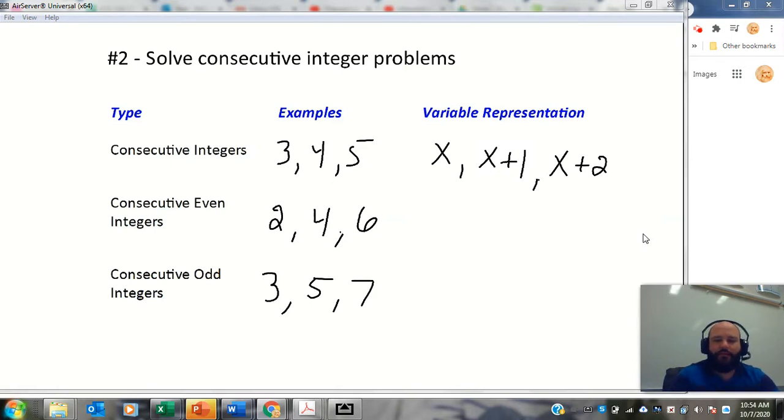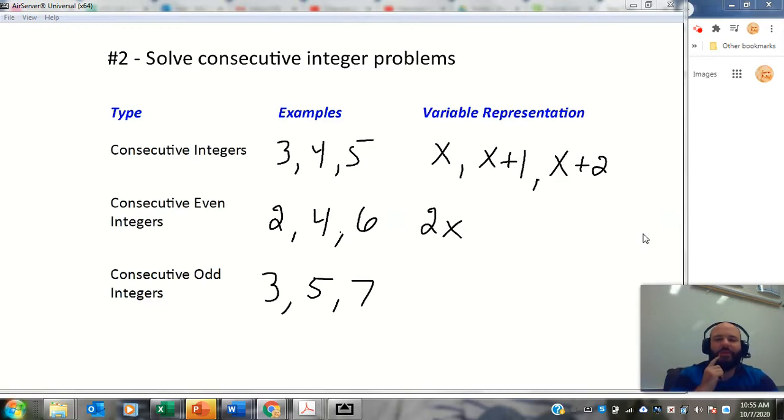Now, we do have a couple different ways to represent those, and it's a little bit different than what you saw right here with the consecutive integers because the numbers themselves are changing by different amounts. So if you first look at the even numbers, we need a way to represent an even number. And the way that we do that is with 2x.